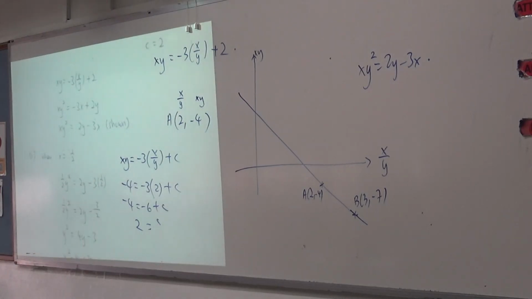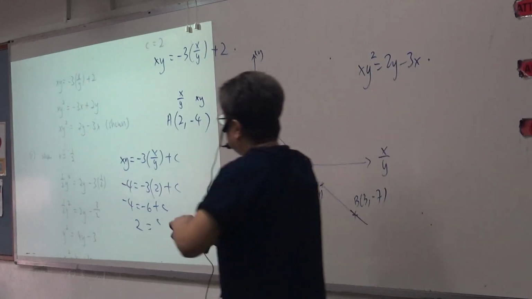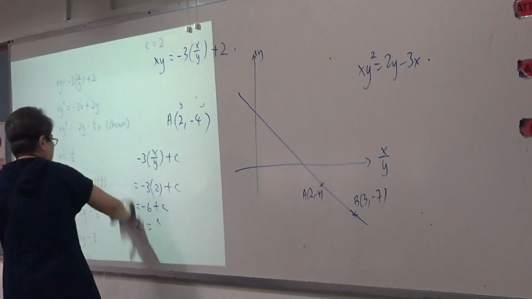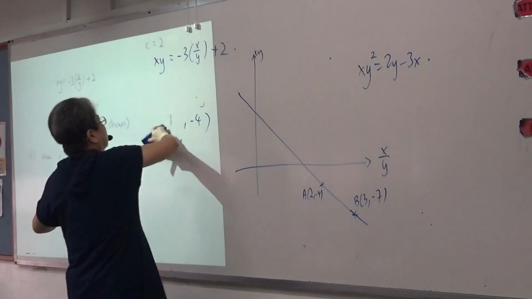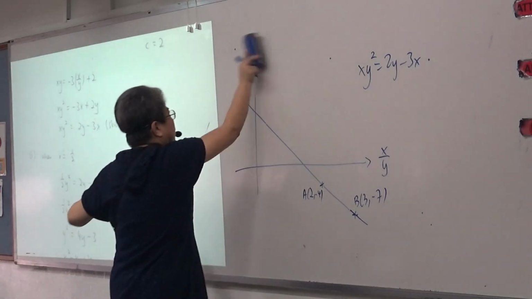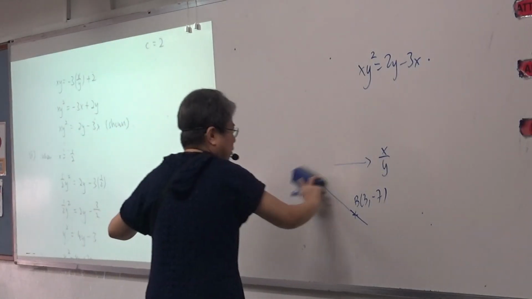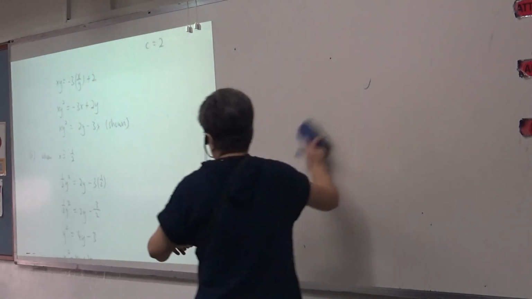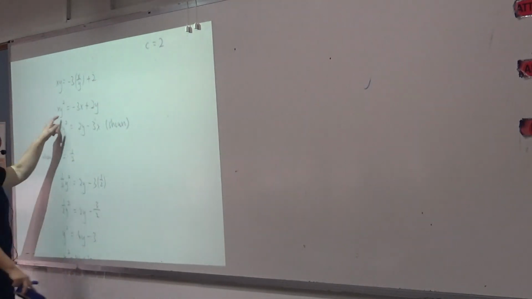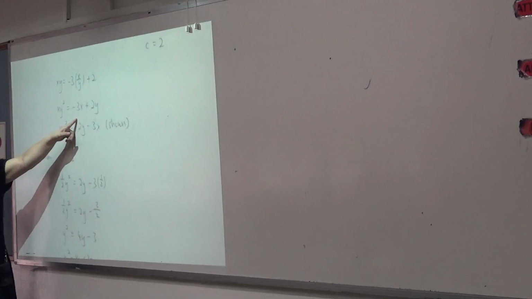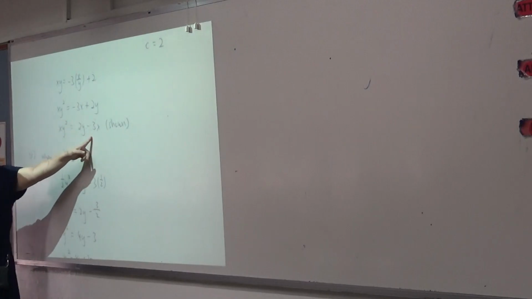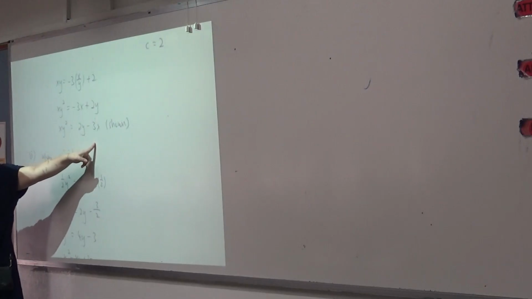When I multiply throughout by y, I will get this, right? But I still don't get the form. That means it's just a rearrangement. Can you see? I just do a rearrangement. I will get it. Are we okay so far?